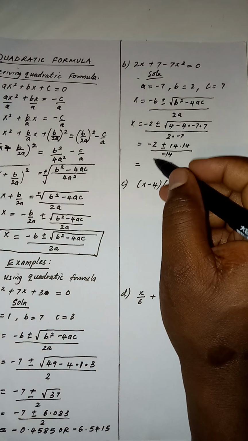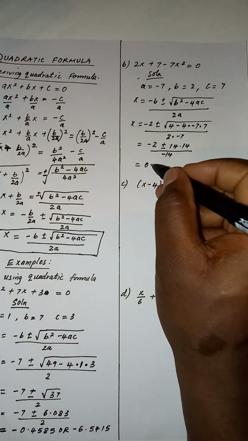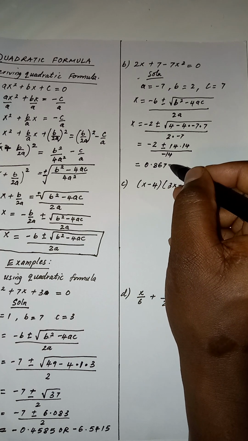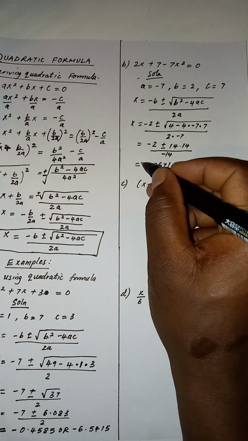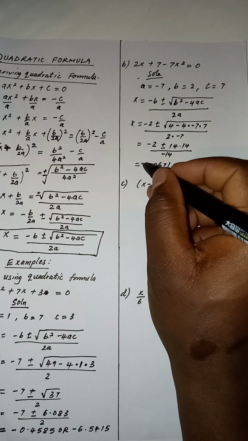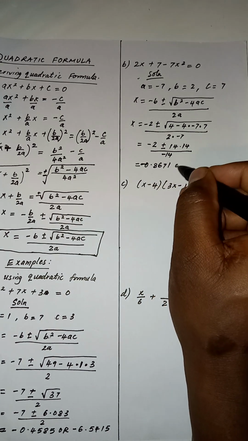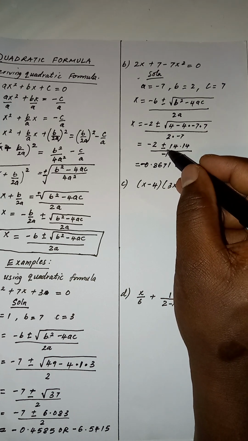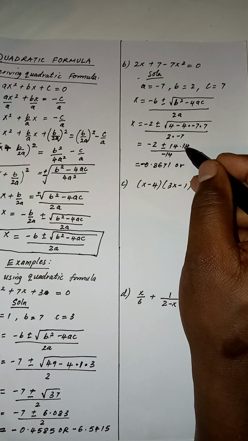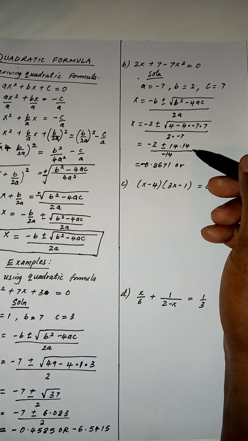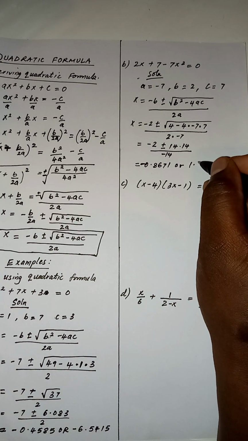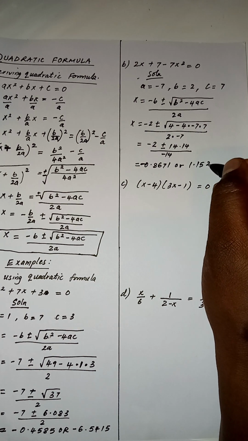It will give us 0.8671 negative, or negative 2 minus 14.14 divided by that, so it will give us 1.153.